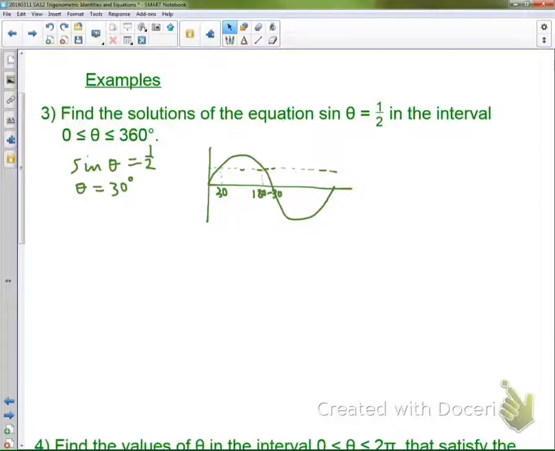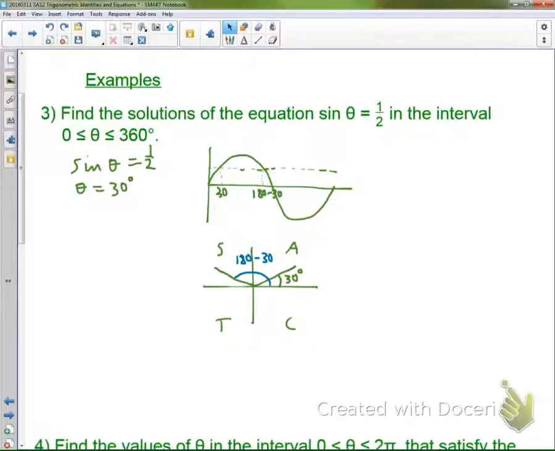The other way we can consider it is by looking at the quadrants. Sine is positive over here, where all of them are positive. Since we're dealing with a positive value of sine, we know that sine is also positive in the second quadrant. So then we're looking over here. This is 30 degrees, and this angle is going to be 180 minus 30.